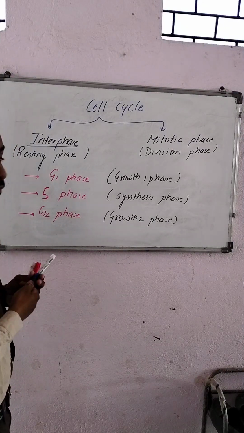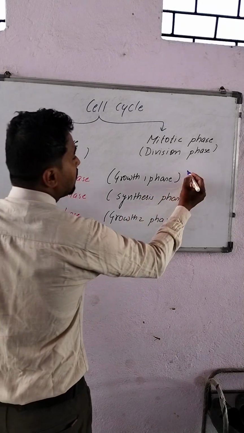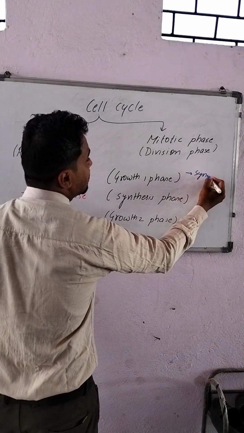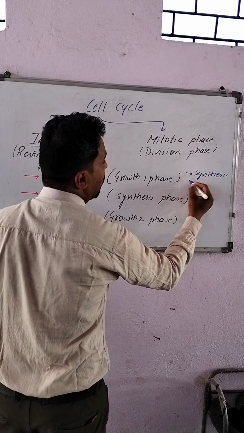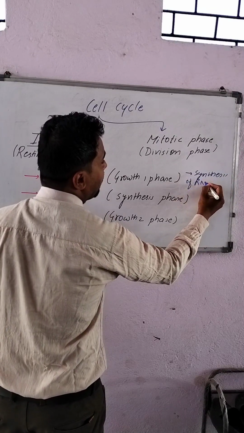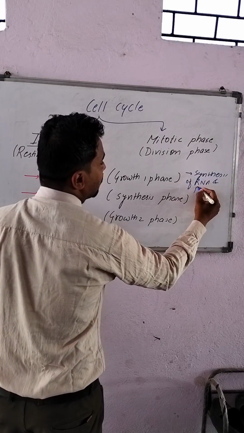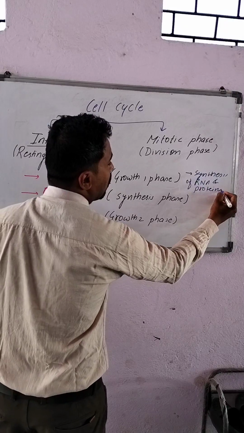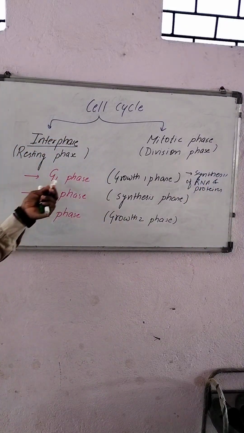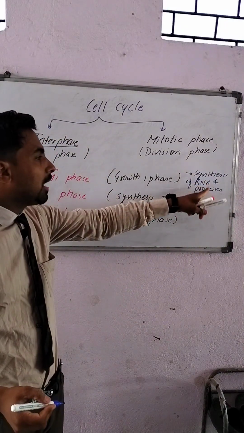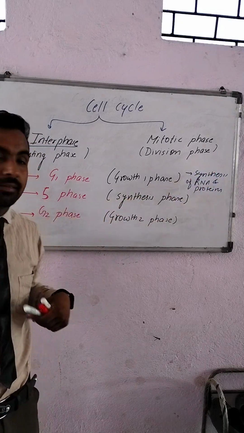In the growth 1 phase, synthesis of RNA and protein occurs. Means in growth 1 phase what happens, RNA and protein are synthesized.